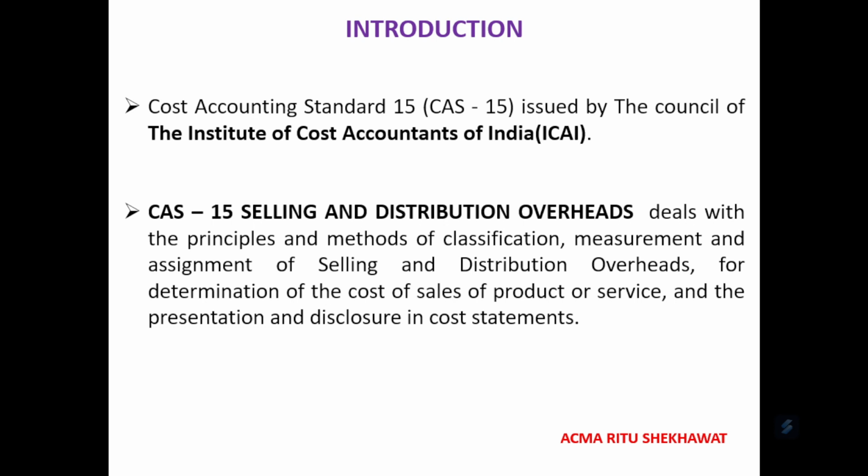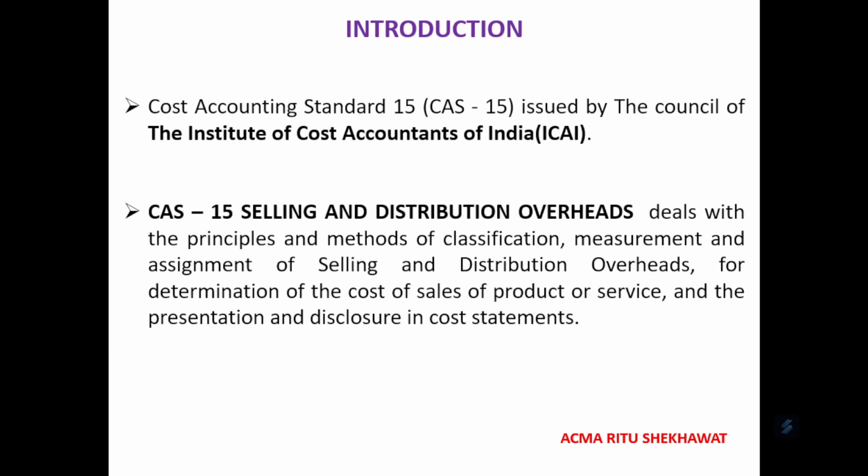They may be called marketing expenses, advertising expenses, moving your finished products from the manufacturing unit to the ultimate consumer, from one godown to another godown, handling of goods from one place to another, and packing and all the things we have to take care of. Those are also a kind of transportation cost, and these all are included in selling and distribution overheads.